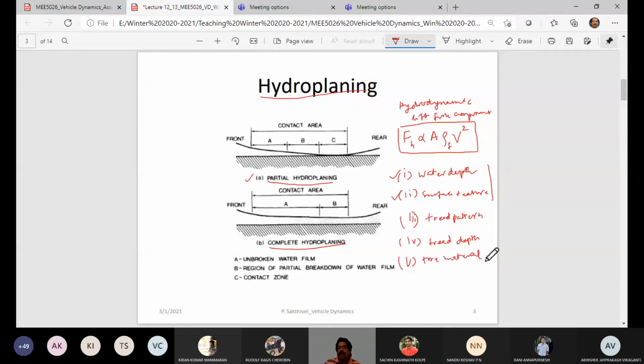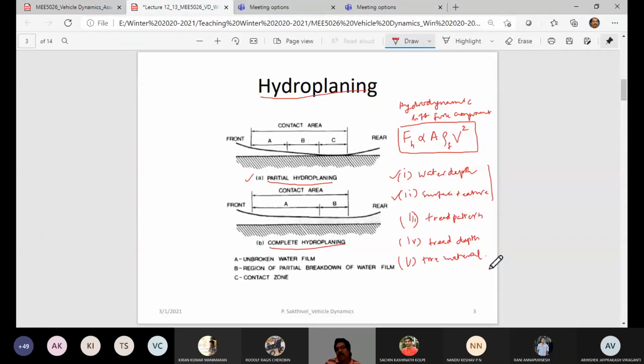Tire material as well. If you look at truck tires, they are basically made of natural rubber compounds, whereas on the other hand, passenger car tire treads are made of synthetic rubber compounds. Natural rubber compounds are better in abrasion resistance, whereas they are not that good in hysteresis.